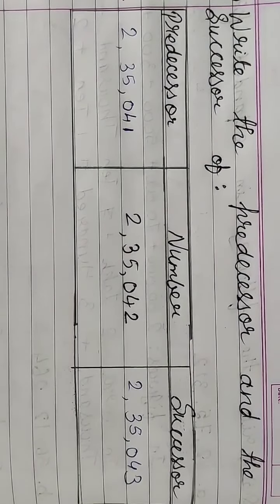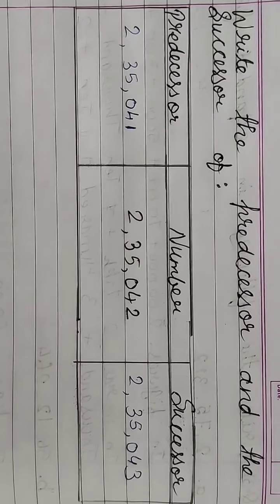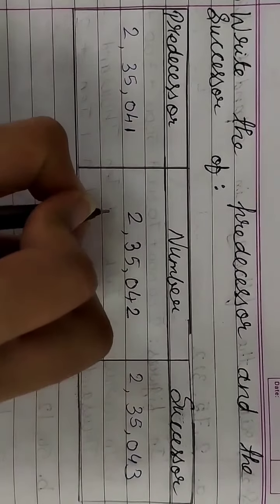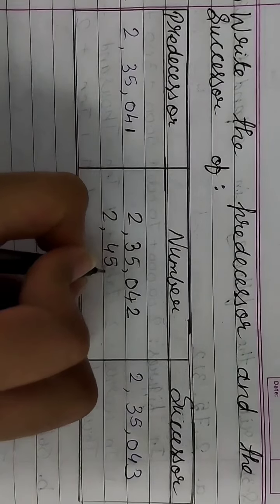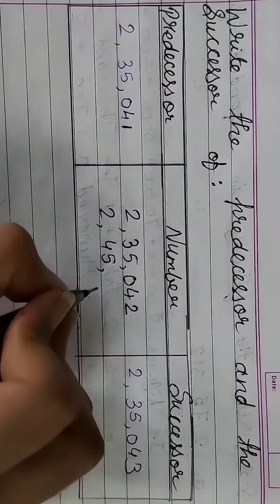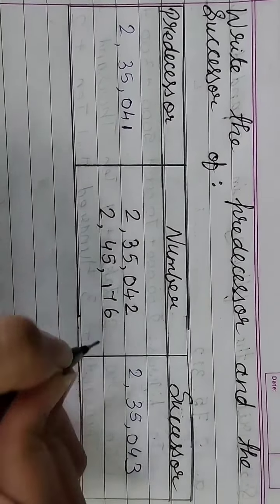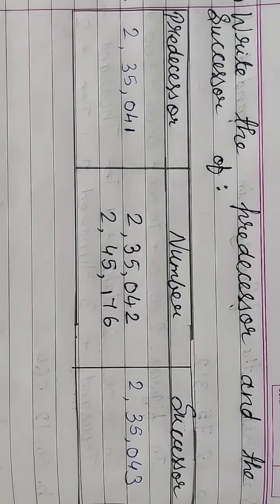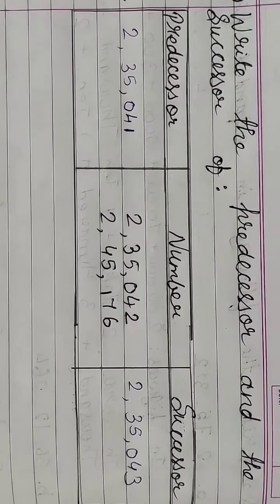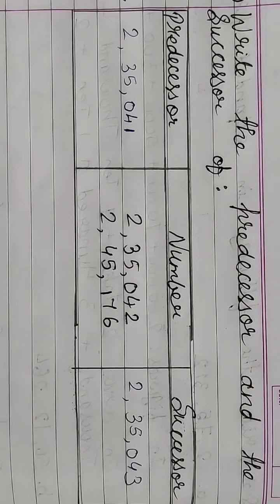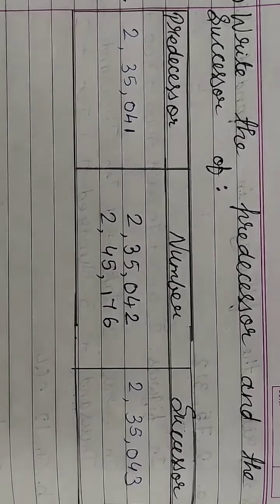Okay, next number is 2,45,176. Students, can anyone tell me what is the predecessor of 2,45,176? Yes, good.